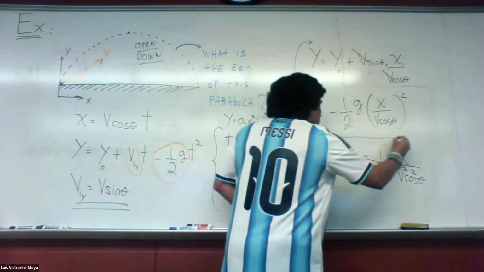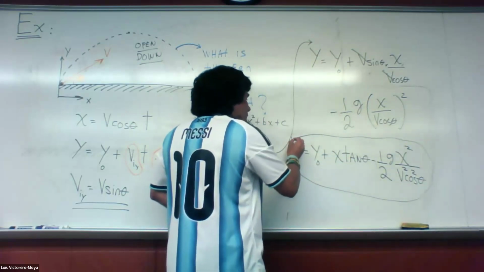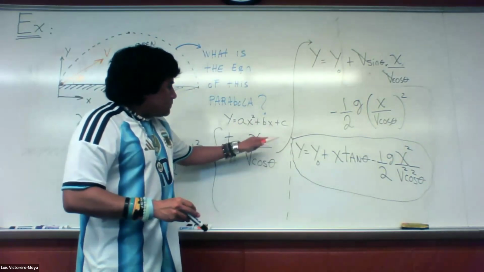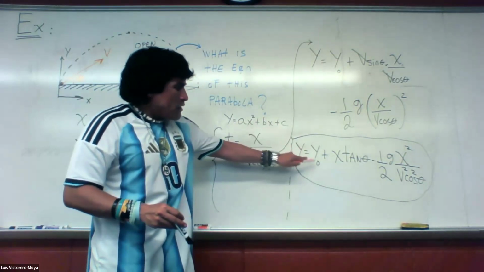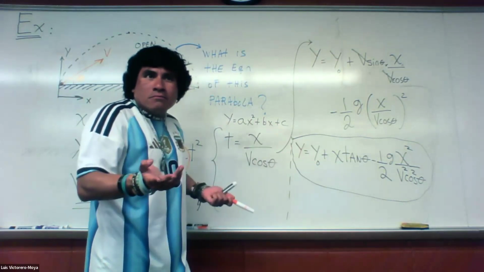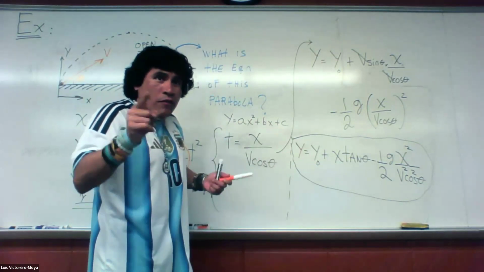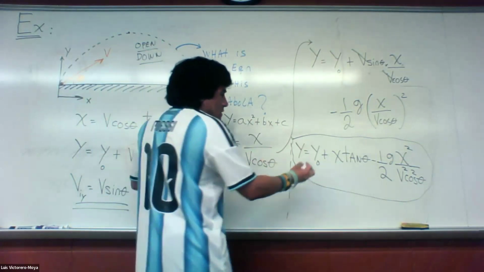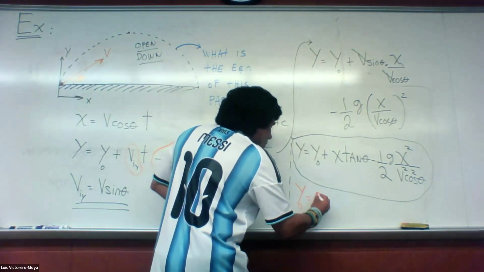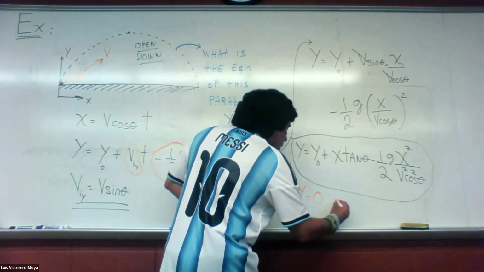So here, that's the equation for this parabola. So c will be y naught. If you launch from the ground, y naught is just 0. If you are on the ground.